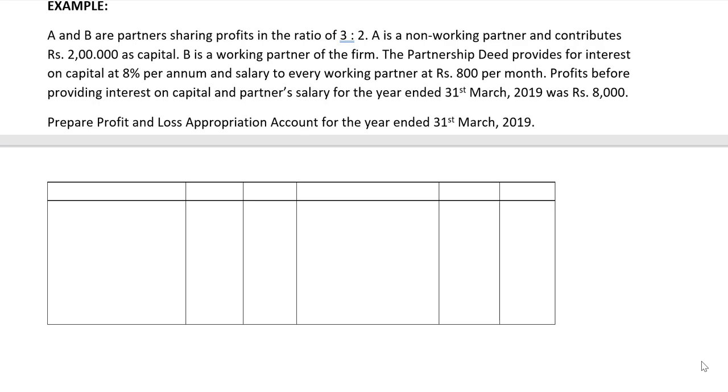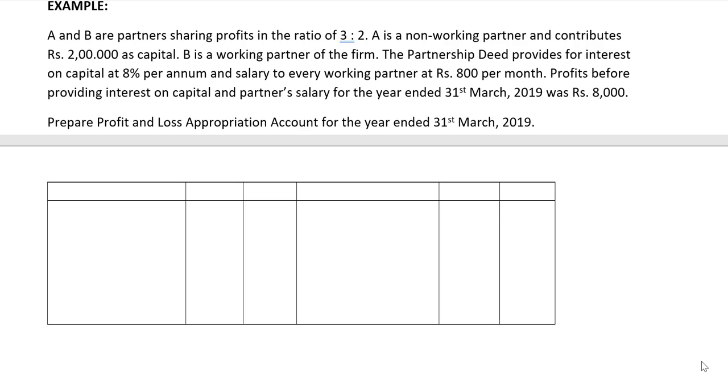Example: A and B are partners sharing profits in the ratio of 3:2. A is a non-working partner. He contributes 2 lakh as his capital. B is a working partner of the firm. The partnership deed provides for interest on capital at 8% per annum and salary to every working partner at rupees 800 per month.